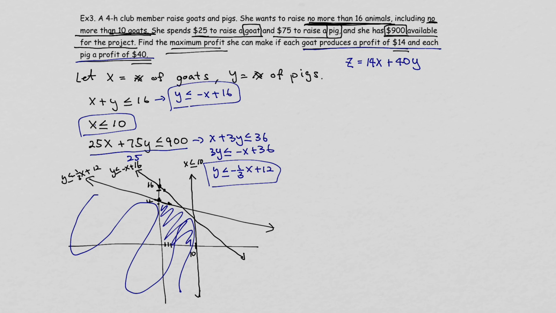So even though they didn't mention this as an inequality, you cannot color anything that's negative numbers. So it means no negative x values, no negative y values. So that's why it had to be inside the y-axis and x-axis. So that's the graph you end up getting, right?